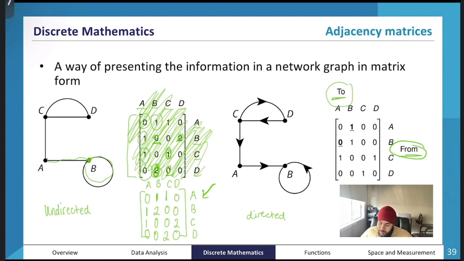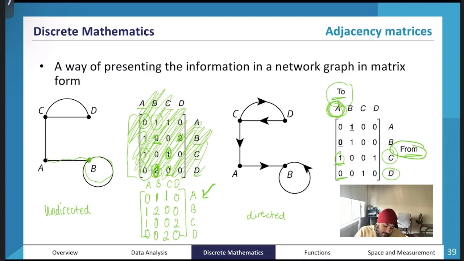So the way that I read this is, if there's a 1 here, what that means is that this vertex, A, has a connection to C. If there's a 0 here, what that means is that A does not have an edge going directly to D.